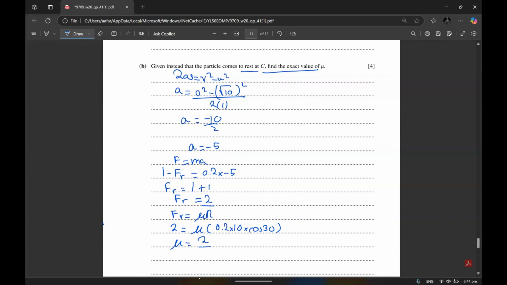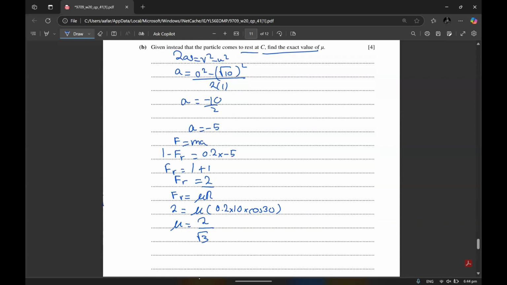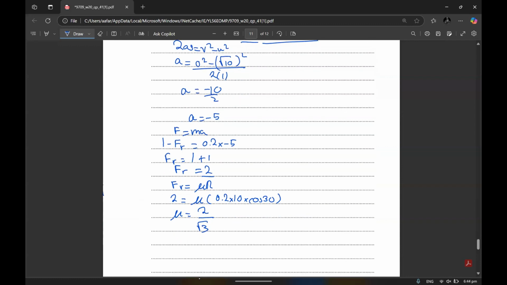Yep, 2 and √3. It's the same thing, bro, we would rationalize it. That's what you get. And this is equal to 1.15 if you're right.